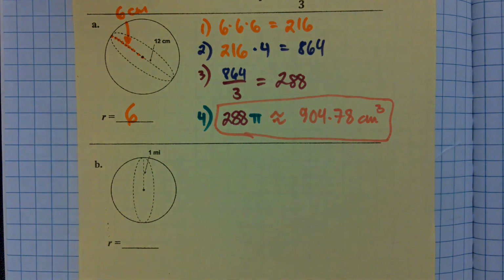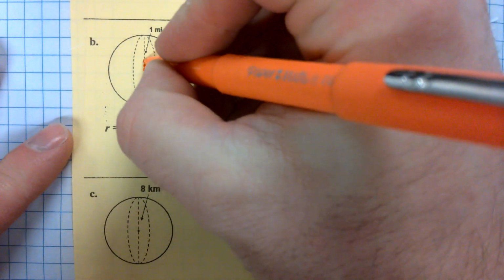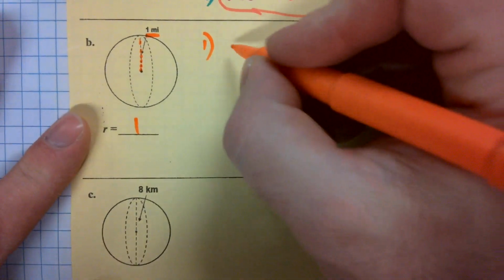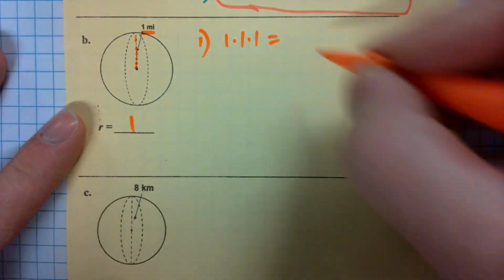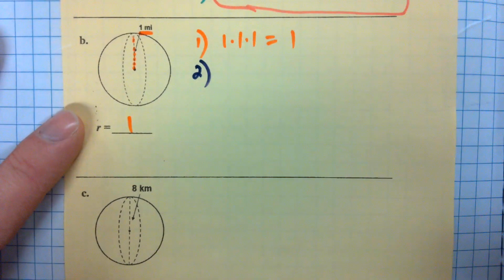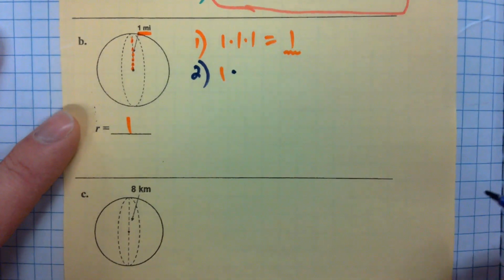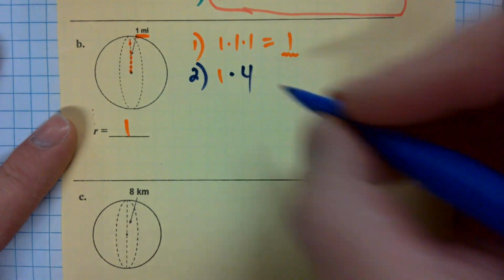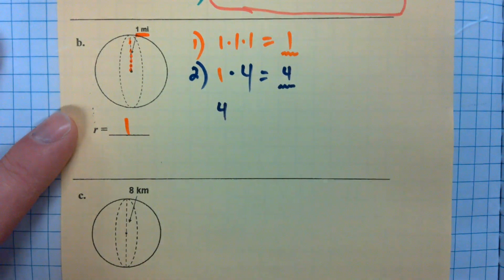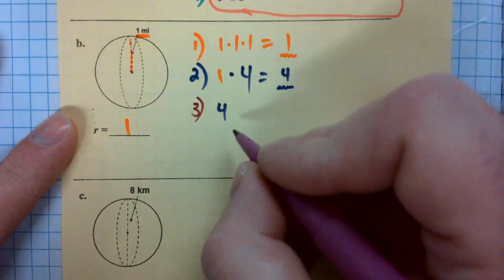Alrighty, let's take a look so we can get going. What's my radius in sphere B? My radius is 1. So step 1 says I'm going to do what with that 1? 1 times 1 times 1. What is that? 1. Nice and easy. Step 2 says I'm going to take this 1 and multiply it by what? 4. Which equals what? 4. Now step 3 says I'm going to take that 4 and divide it by 3.